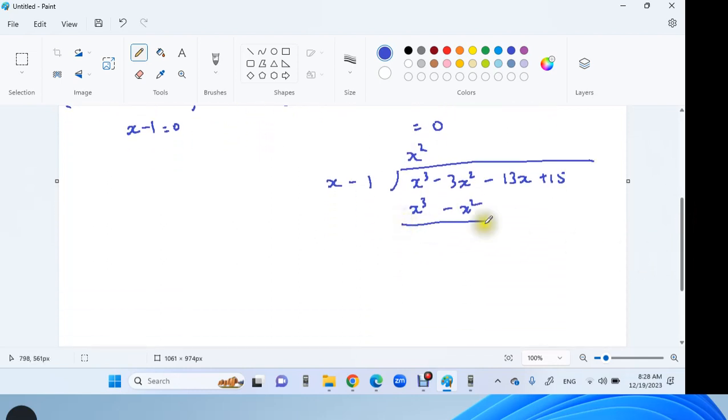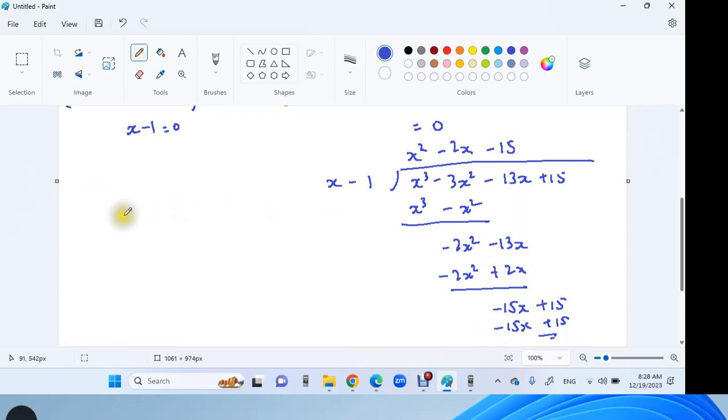Then we have minus 2x squared minus 13x, and then minus 2x. Then we have minus 2x squared plus 2x. So negative 13 minus 2 is negative 15x plus 15. So negative 15 here. Then we can divide it completely.